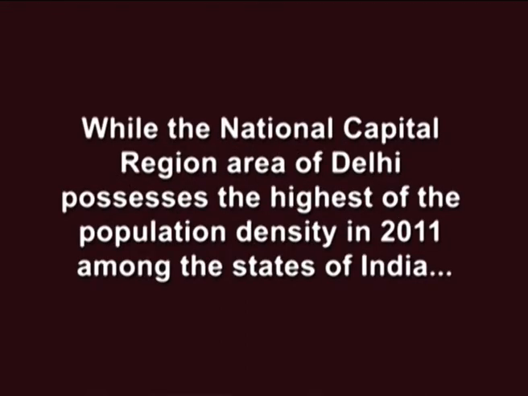While the National Capital Region, NCR of Delhi, possesses the highest population density in 2011 among the states of India, with the statistics of 11,297 per square kilometer, the state of Arunachal Pradesh has the lowest record of population density, having just 17 per square kilometer.